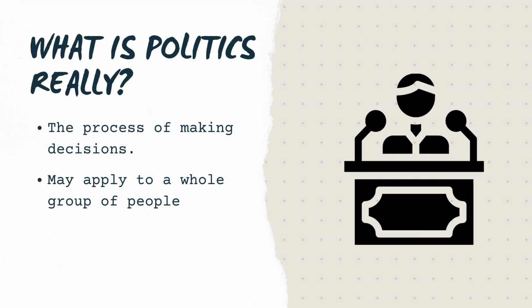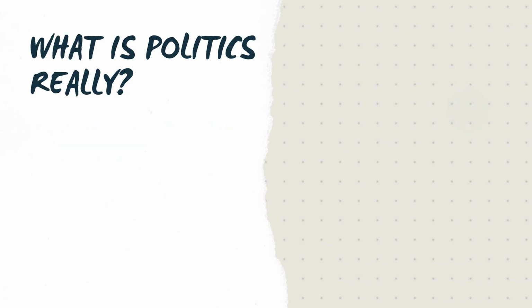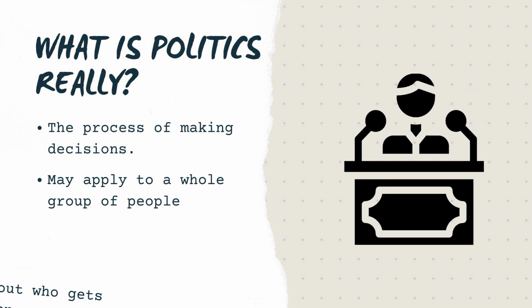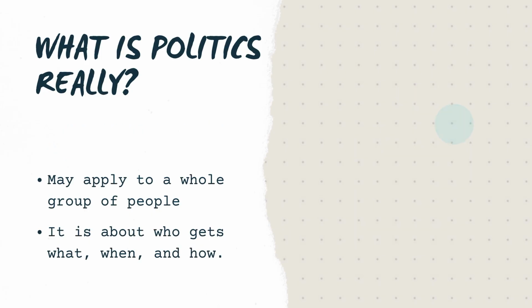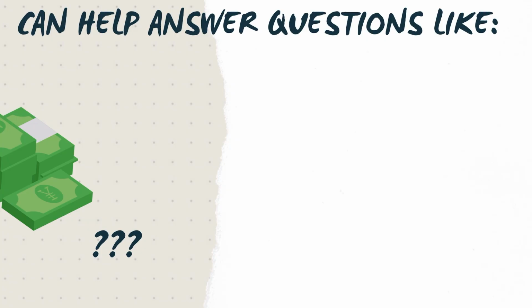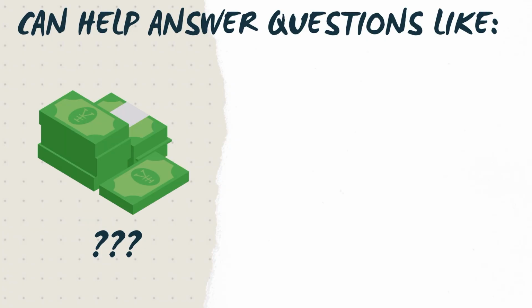So this can be in a smaller group, maybe as friends, but also maybe as a whole nation, for example. And lastly, it is really about who gets what, when, and how.